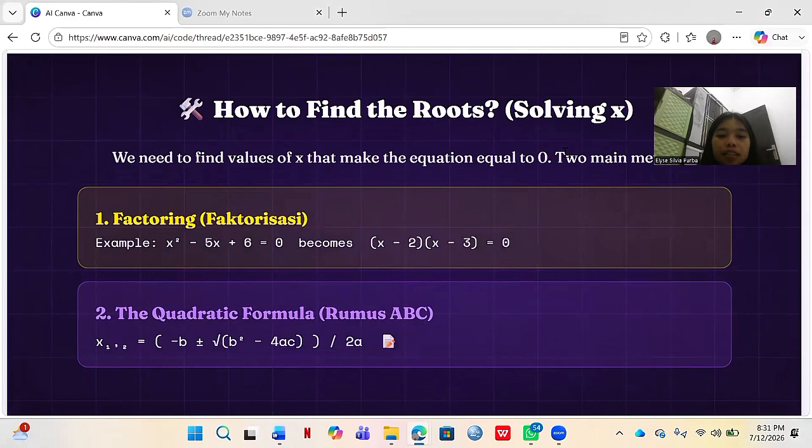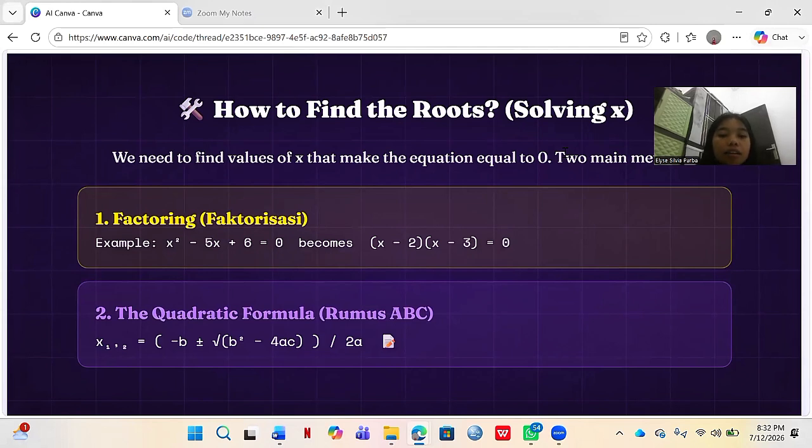And next, how do we solve a quadratic equation? Solving means finding the values of x, which we call the roots of the equation. The first method is factoring, where we split the equation into two simple linear parts.